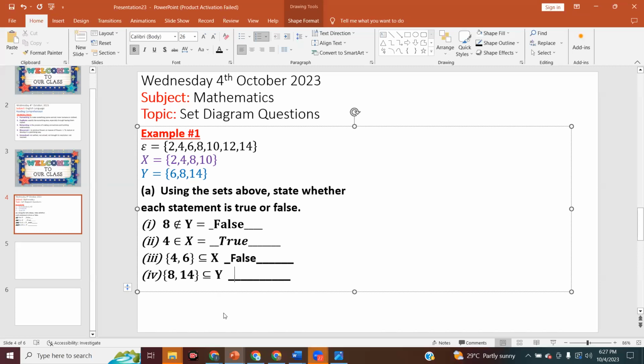The set containing elements 8 and 14, is it a subset of Y? True or false? Most persons are saying true.